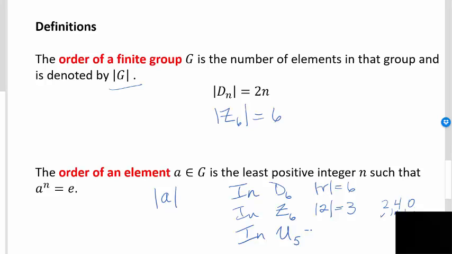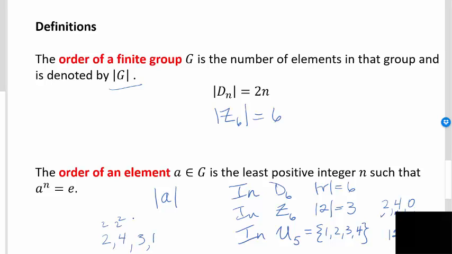In the group U5, remember that would be 1, 2, 3, and 4, the numbers from Z5 that are relatively prime to 5. In this group, the order of 2 is equal to 4. Why? Because 2 times 2 is 4, times 2 is 3, times 2 is 1.